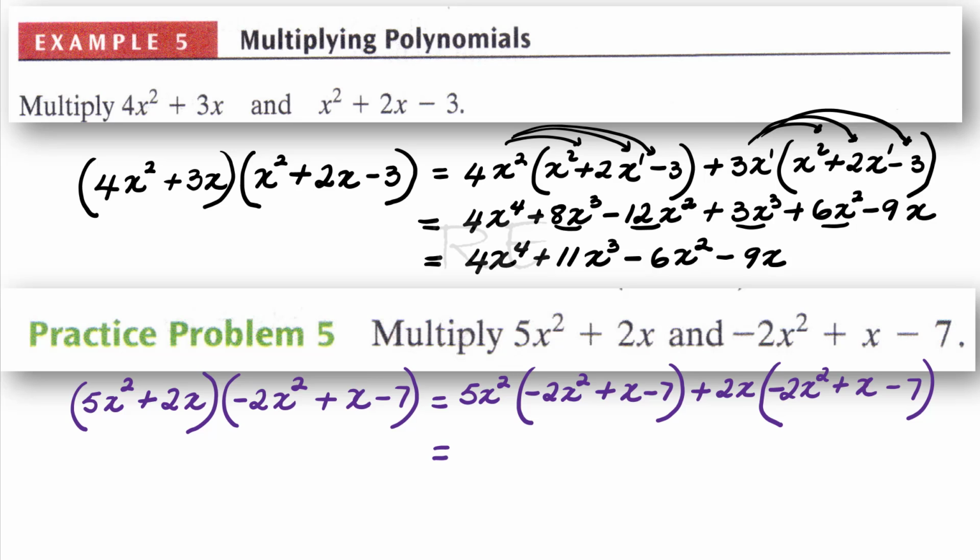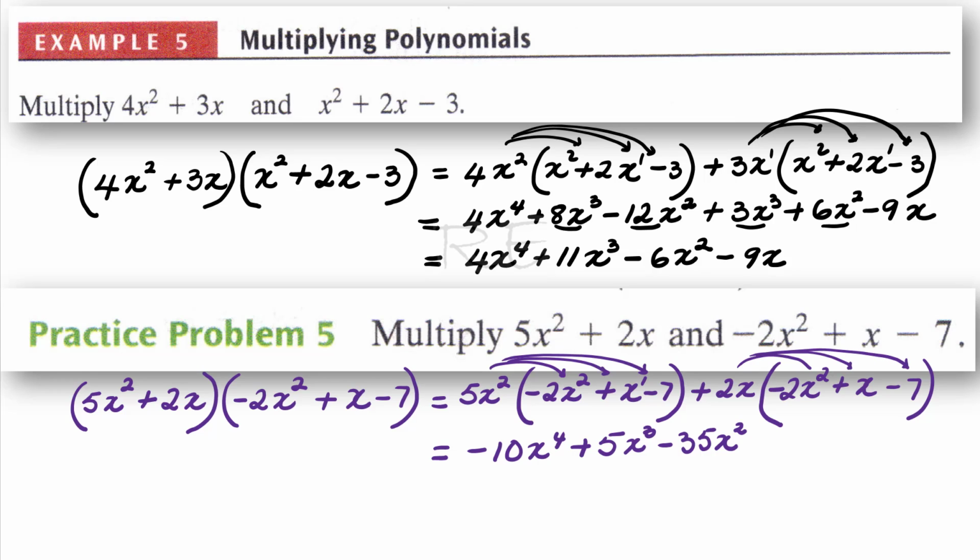Now we're going to distribute again. 5x squared times negative 2x squared, negative 10x to the 4th. 5x squared times x, 5x cubed. 5x squared times negative 7, negative 35x squared.